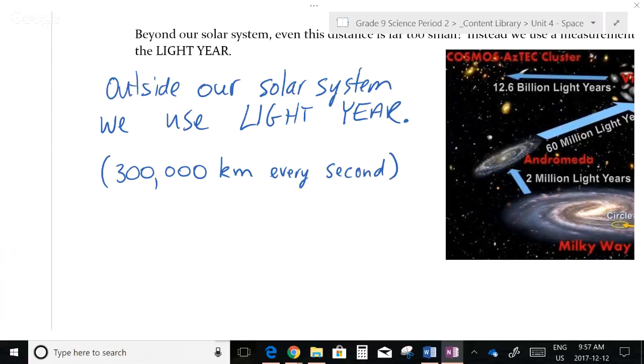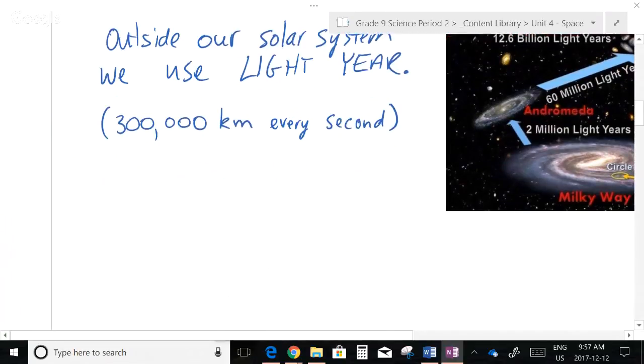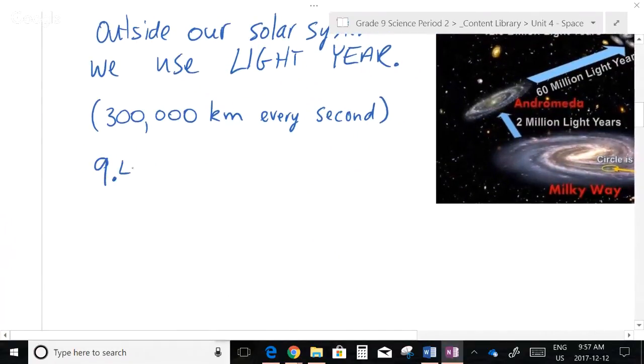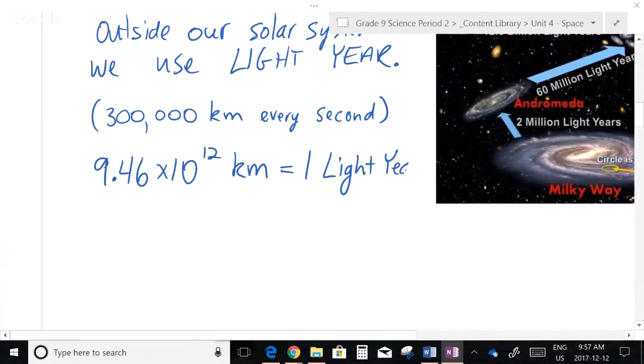And that means that in an entire year, light will travel 9.46 times 10 to the 12 kilometers. So that would be 9 followed by 12 zeros, kilometers. Long distance.